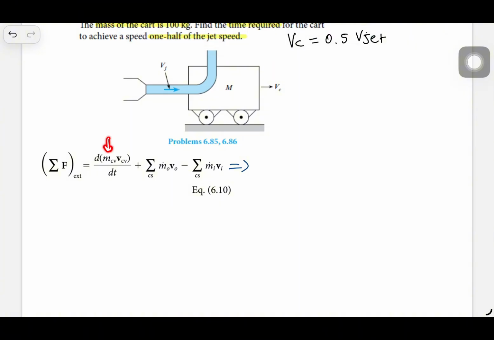We have m times velocity, and we are going to find the change of m times v over time. This is the velocity in the control volume, and since the card is accelerated, we need to use the velocity of the card.